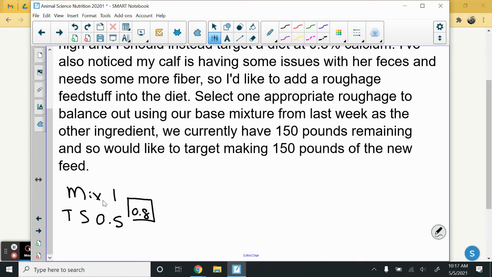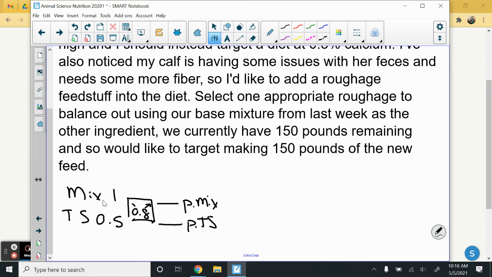Okay? So at this point, all I have to do is solve it out the way that I always solve a Pearson square. So I'm going to put in my arrows. This leaves a ton of room. I'm going to add my labels, so it'll be parts of my mix on the top, and parts of Timothy silage on the bottom.